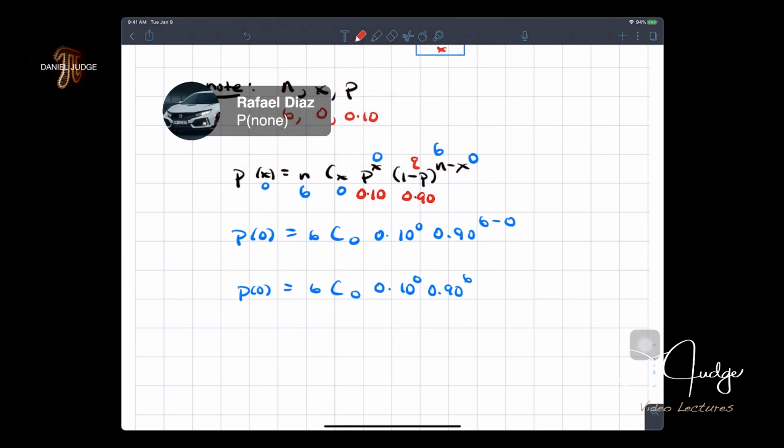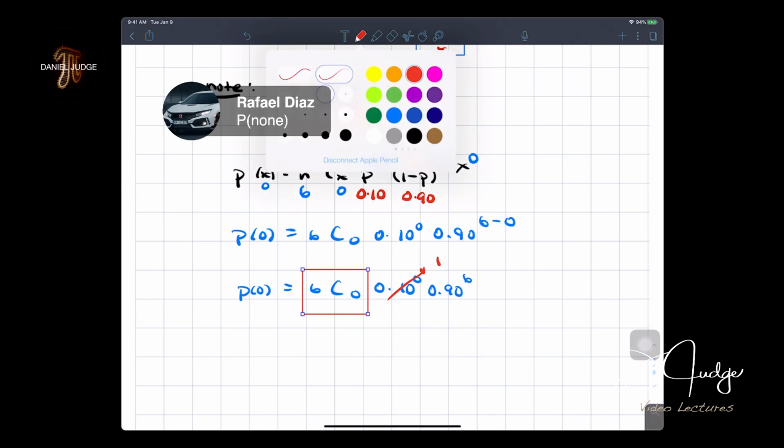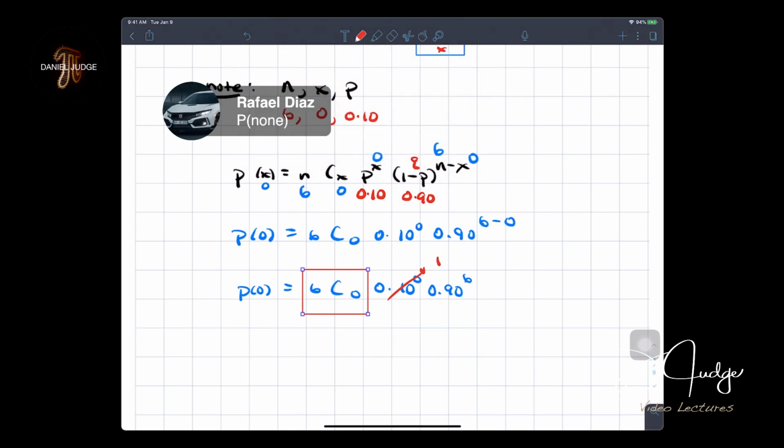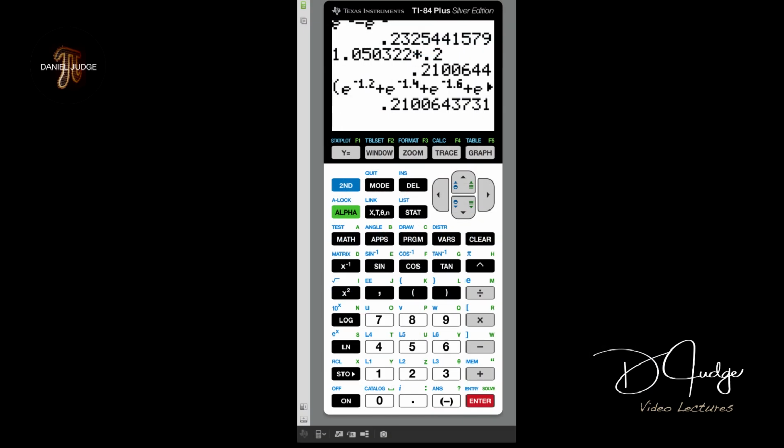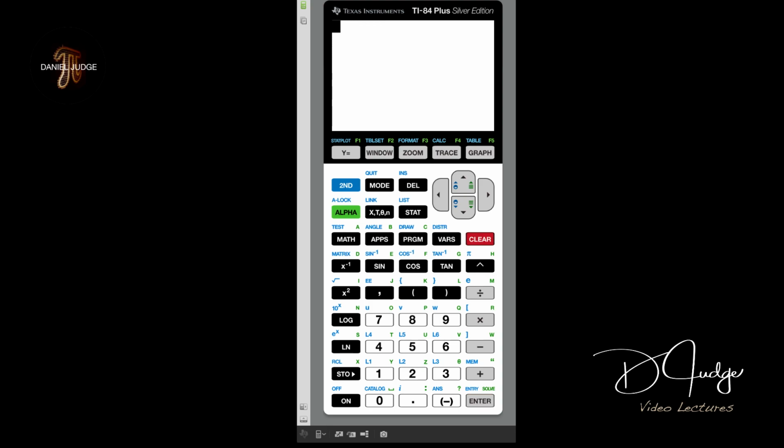From algebra, any base to the 0 power is 1. I just need to know what 6C0 is. And for 6C0, we can go to the TI calculator. Enter the 6, and then go to the math menu, all the way down to PRB, down to combination. 6C0.